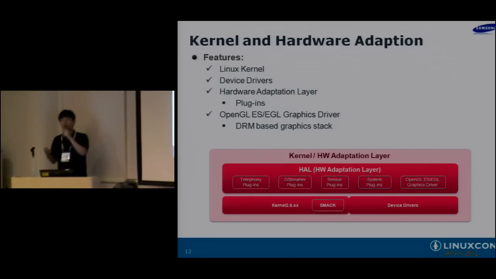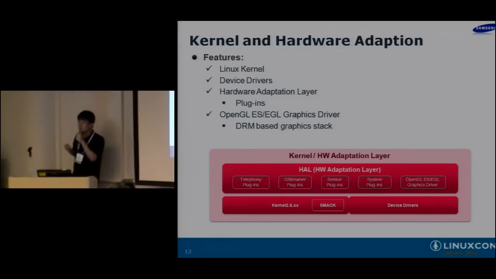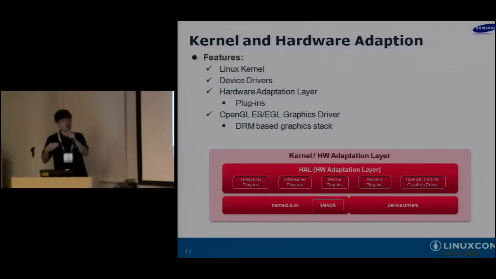And the hardware abstraction layer follows the plugin-based architecture. So a vendor or manufacturer can keep their modules or engines proprietary with that plugin. Here are telephony plugins, GStreamer plugins, sensor plugins, system plugins, all kinds of plugins that support that kind of architecture.